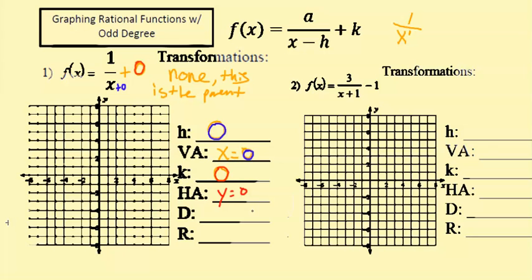Okay, the domain depends on that h value. So it is from negative infinity to 0, and we also have 0 to infinity. For the range, we also have from negative infinity to 0, union 0 to infinity. Okay, now from there we're going to graph it. So we know that we have our asymptotes. Let's go ahead and graph those first.